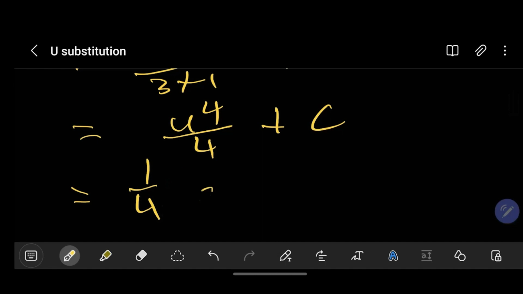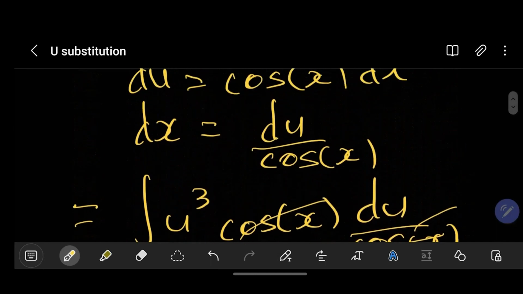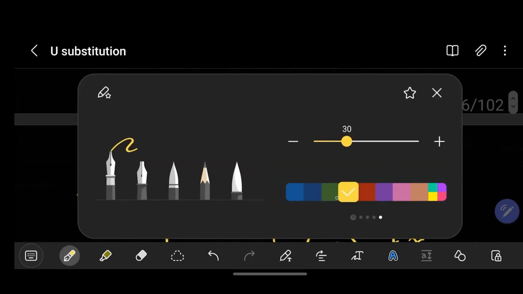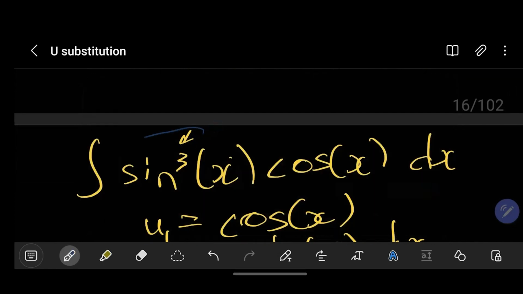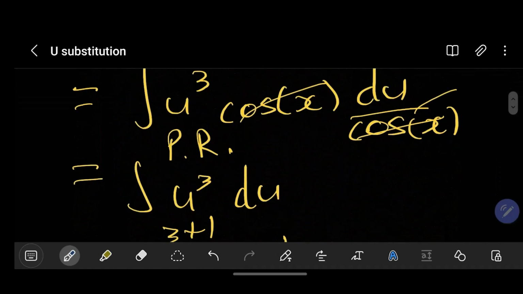Substituting back, we'll have it as sine to the 4 of x over 4 plus c. That's the final answer. So once again, following the guide or the hint of using the one with the highest power and making that u has assisted us here. So that basically takes us to the end of U-Substitution.